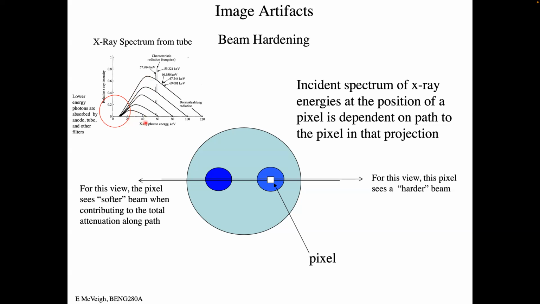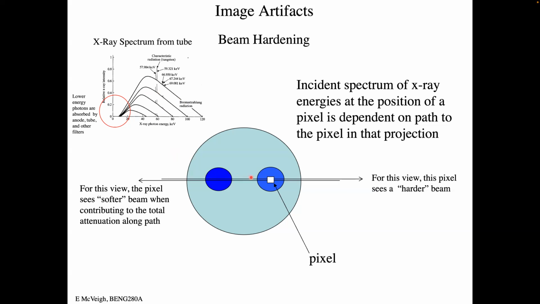And the reason is there's a much higher probability that they get absorbed, right? So the mu value, if you look at a table in the NIST tables, the mu value at these high energies is different than it is at the lower energies. In fact, tissue does not absorb the higher energy photons as well as it does the lower energy.